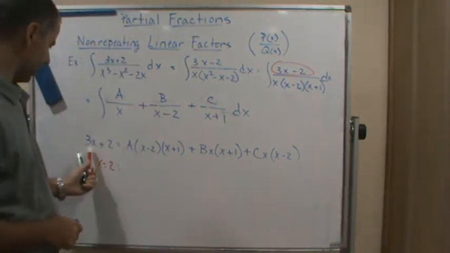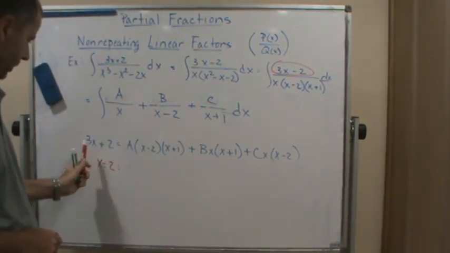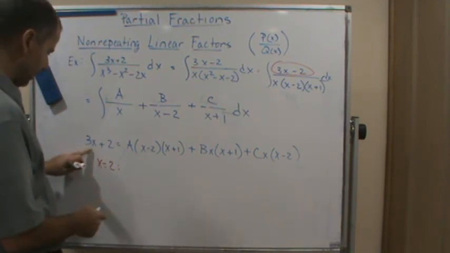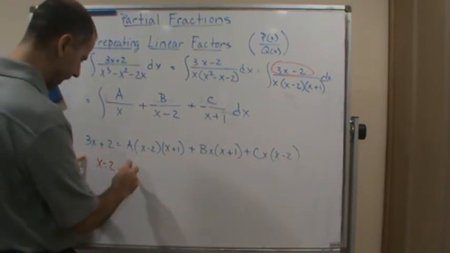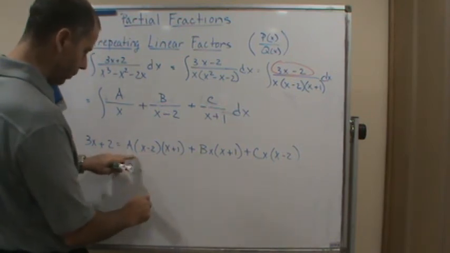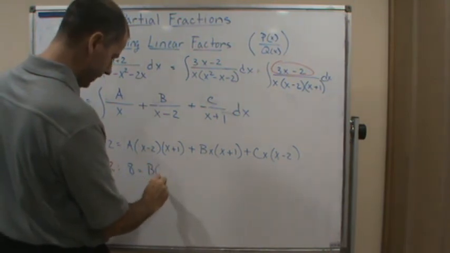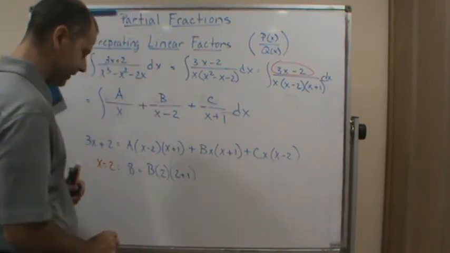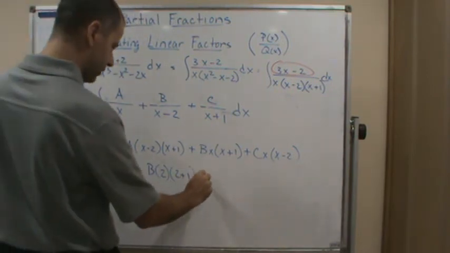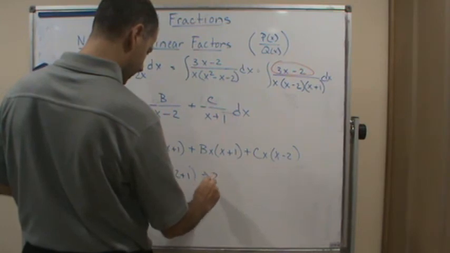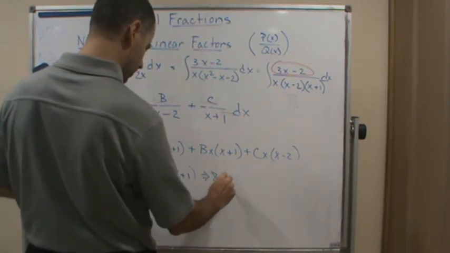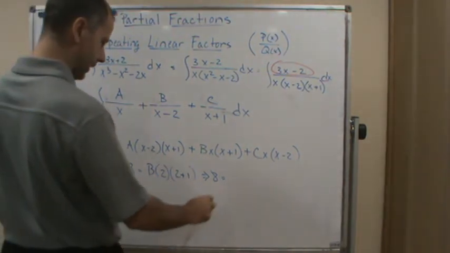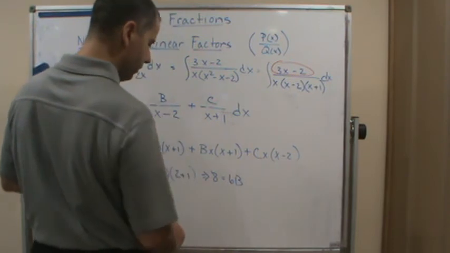On this side, when I plug in x equals 2, I get 6 plus 2, so 8 equals B times 2 times 2 plus 1, which gives me 8 equals 6B.